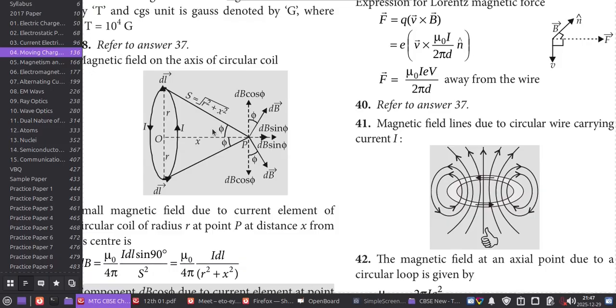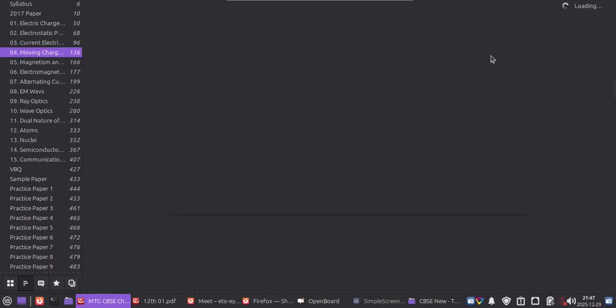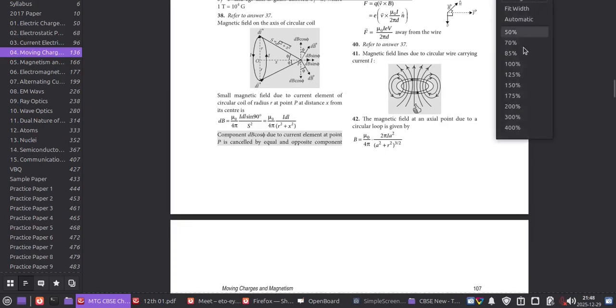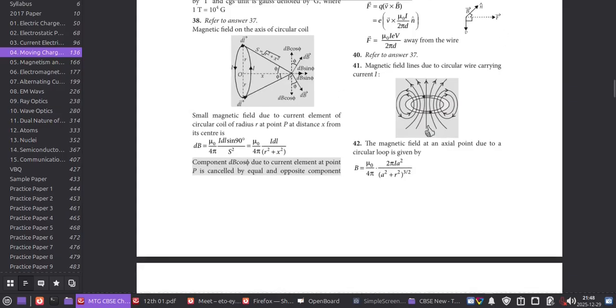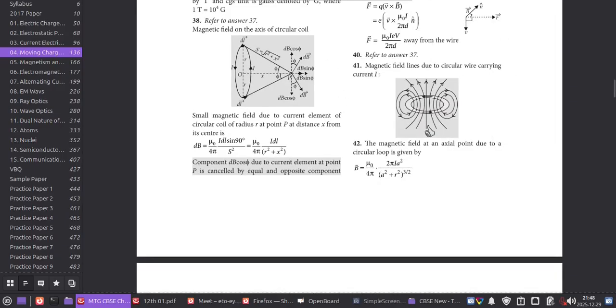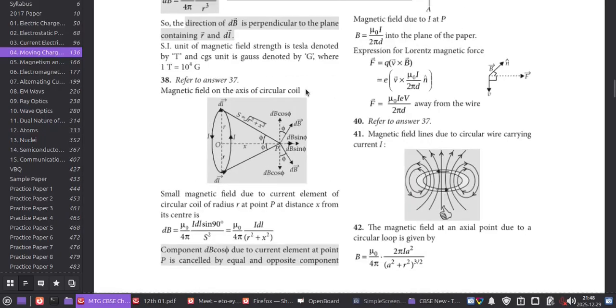Whatever it may be, the answer will be the same. The only thing is we have to understand the question correctly. But be careful while writing this question.